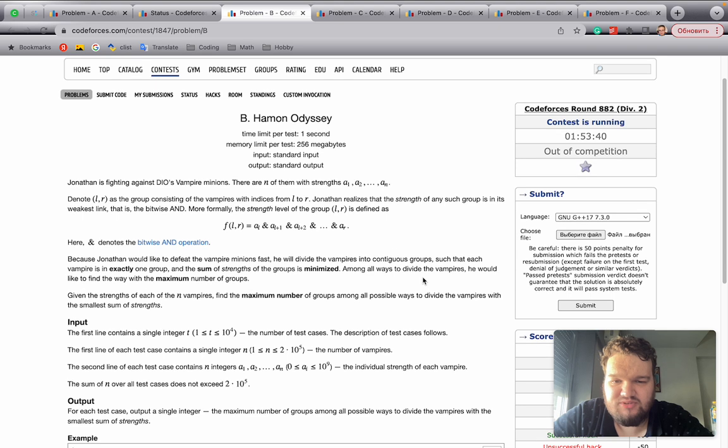Right, in problem B, it looks like again we have an array and a function from a segment, and the function is just the bitwise AND of the elements in the segment.